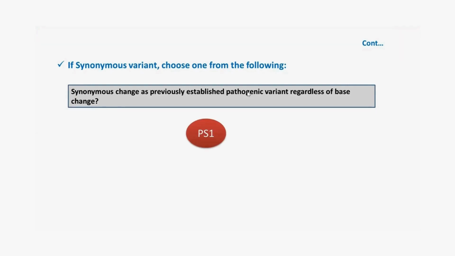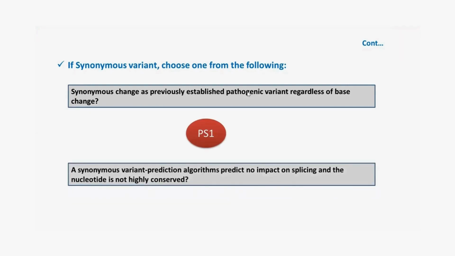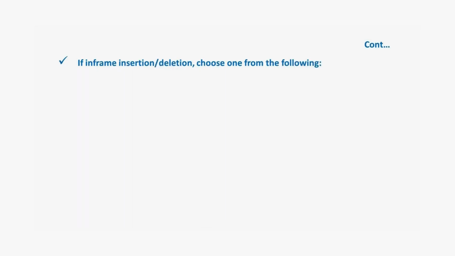Then second condition, if algorithms predict no impact on splicing by that particular variant and the nucleotide change is not highly conserved, then we can put it in the BP7 category, meaning benign category.